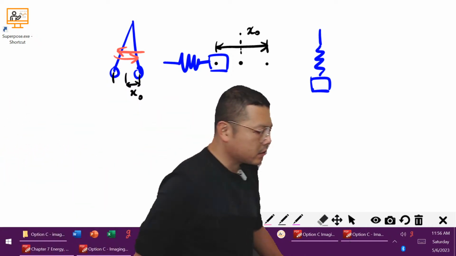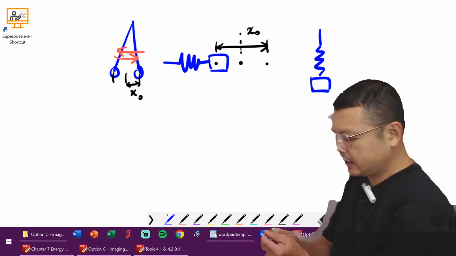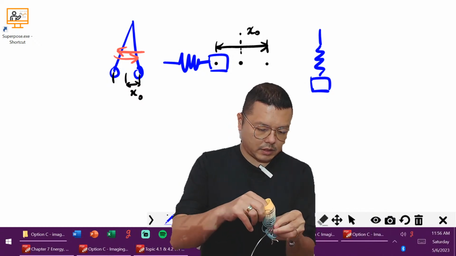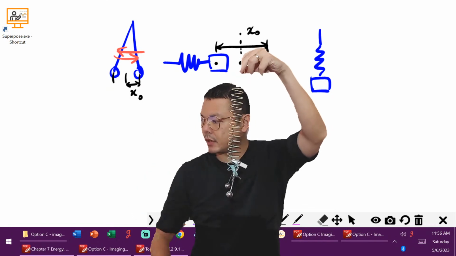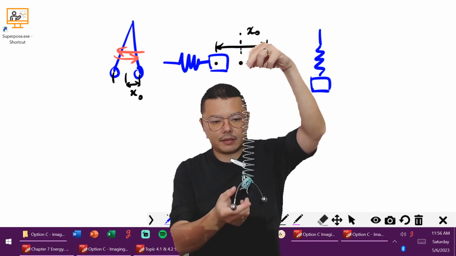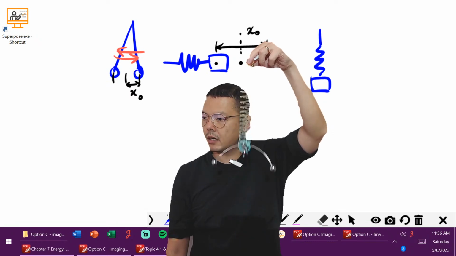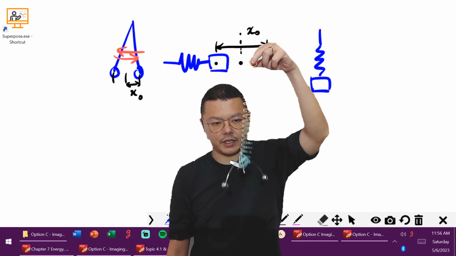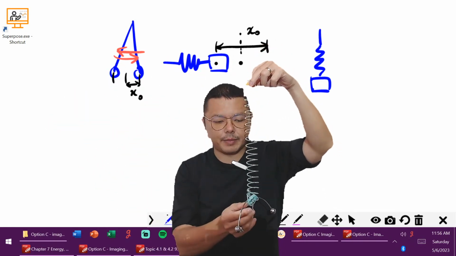Where's my weights? Oh, here. So it will look something like that. You have a spring and a mass, and then it goes up and down like this. These oscillations, we can consider directly to be SHM. So all of these things here do SHM.